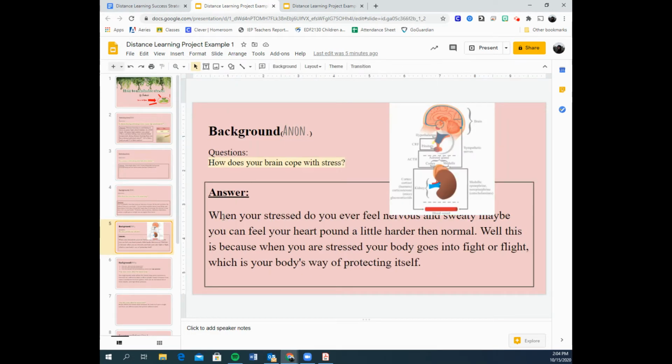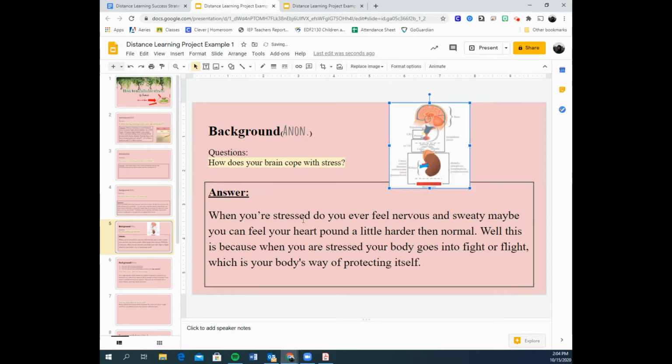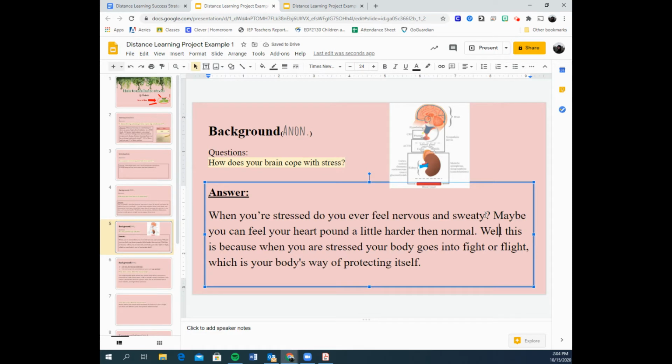How does your brain cope with stress? When you're stressed, and this, by the way, should be your... Let's move this out of the way. Do you ever feel nervous and sweaty? Maybe you can feel your heart pound a little harder than normal.